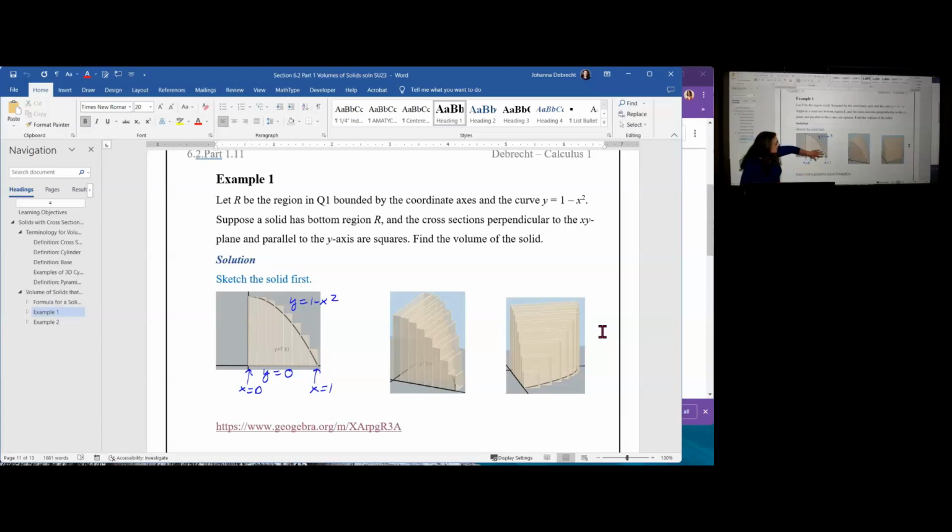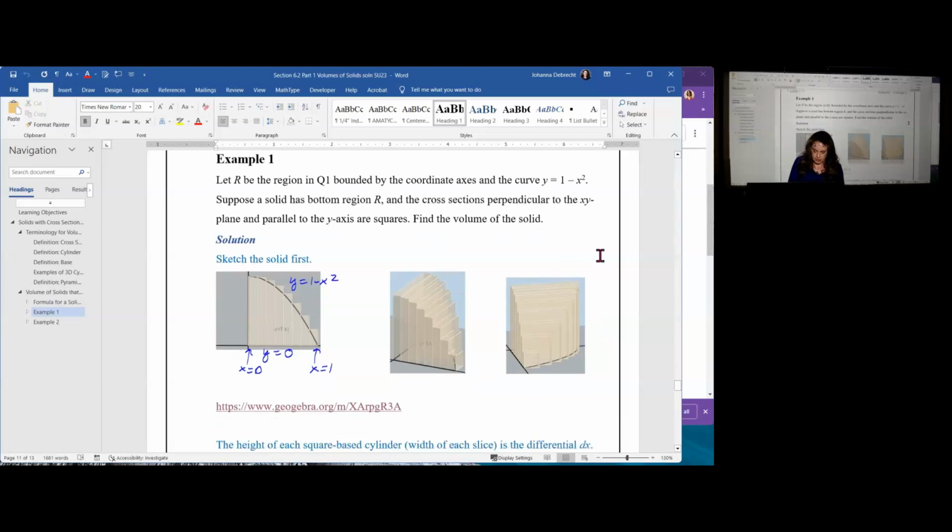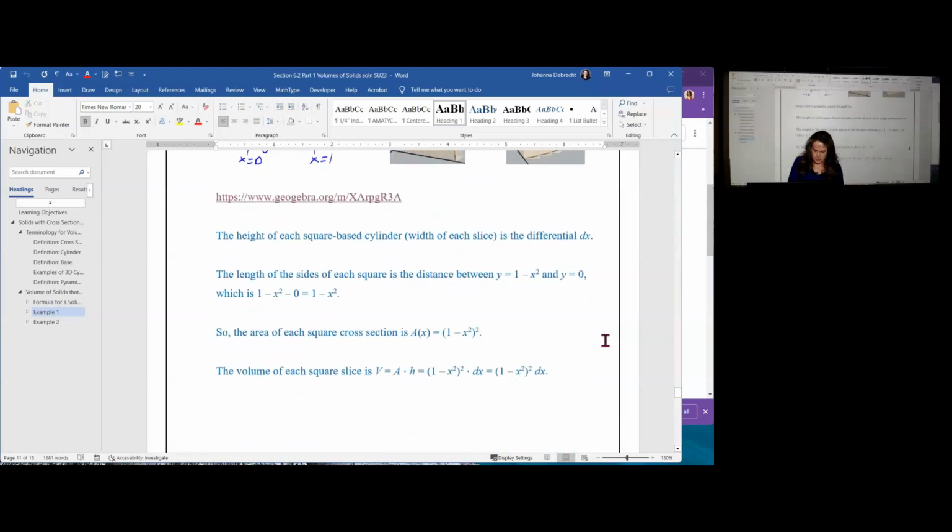Looking at this, again, we can see that we can take the y value on the parabola and subtract the y value on the x-axis, which is 0. In other words, the y value on the parabola is the length of one side of the square, but it's going to be at different x values.